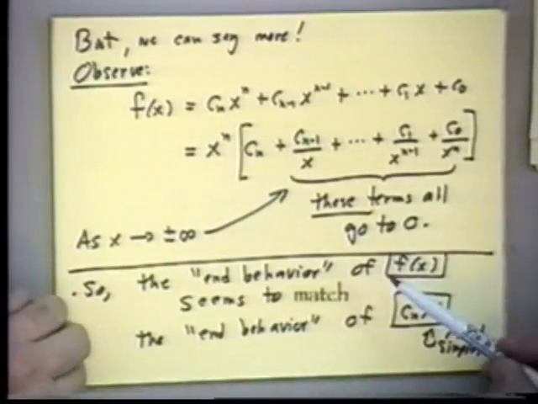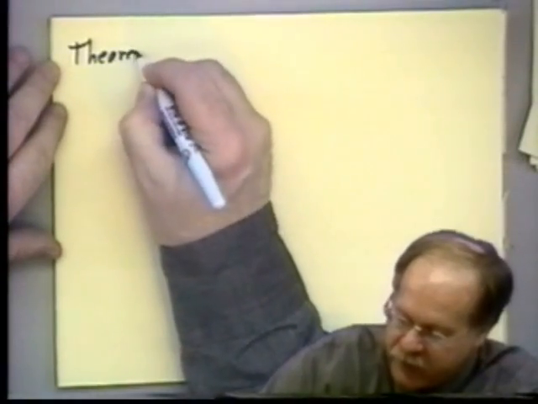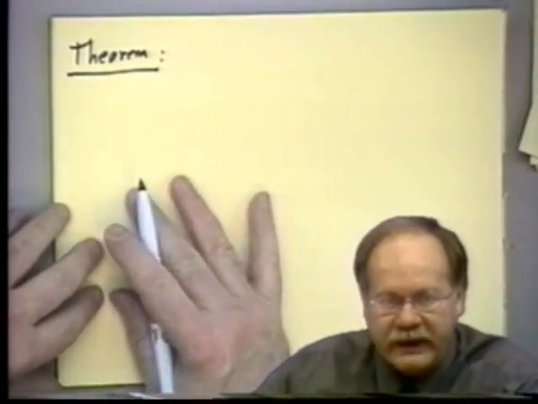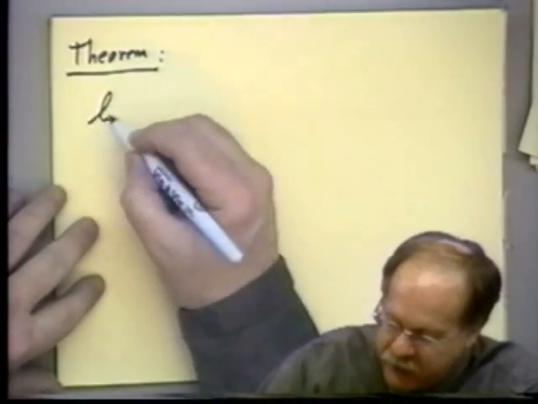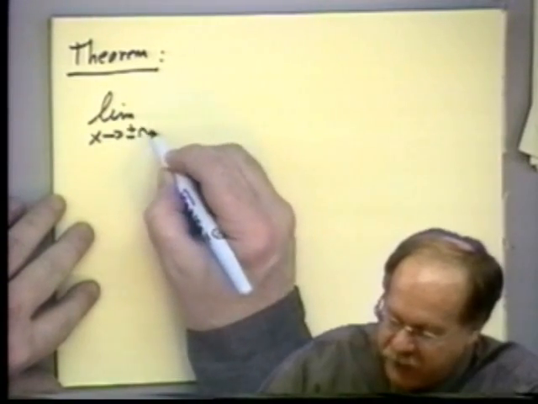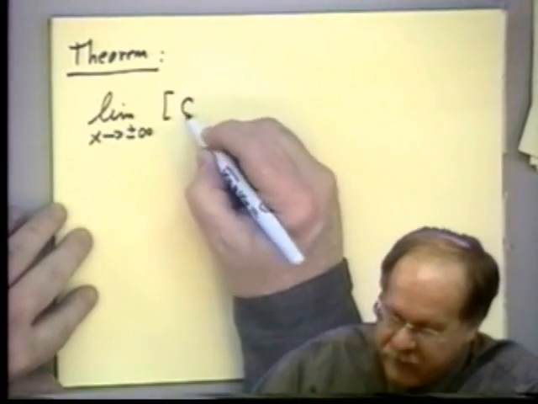This is much simpler. So, let me take this argument and go ahead and encapsulate it in a theorem so that you'll remember it. That's what we do in mathematics. After we've discovered something, we put it in the form of a theorem so we can write it down and remember it. I won't do the proof of this. As I said, I gave you a plausible argument. As x goes to plus or minus infinity, this is actually two cases in one.